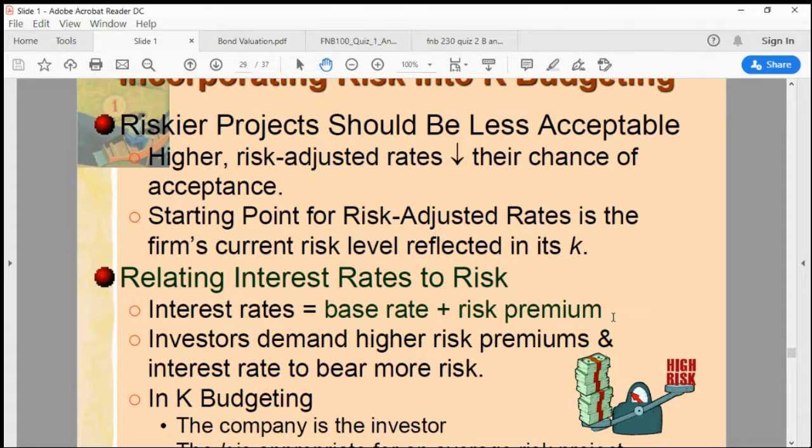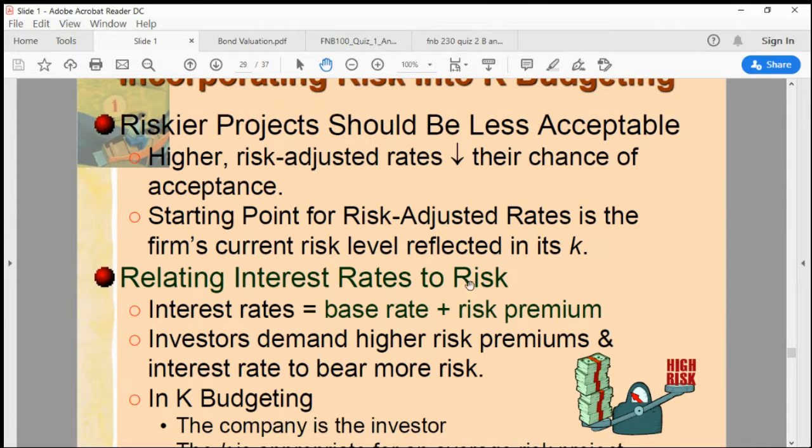It says risk premium, but actually there are multiple risks. There are different types of risks, at least 4 types: default risk, inflation risk, maturity risk, liquidity risk. So it should be called risk premia, right? Risk premia, because it's plural. But anyway, it's fine, risk premium.